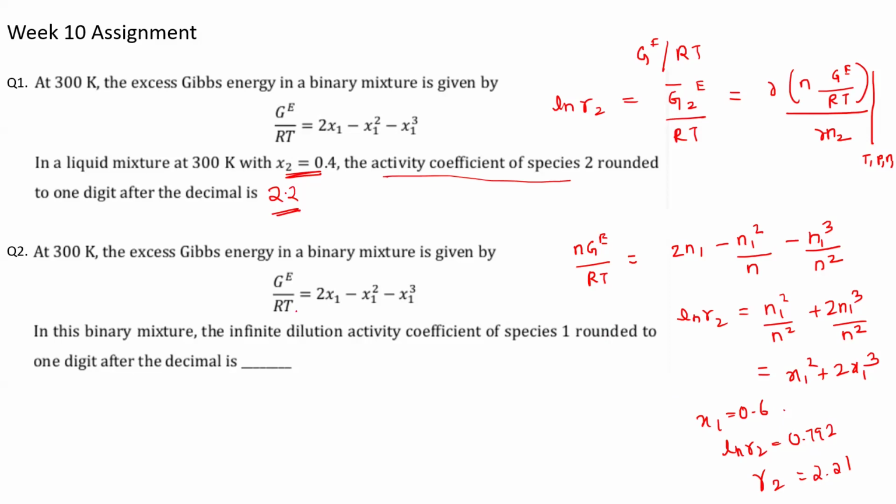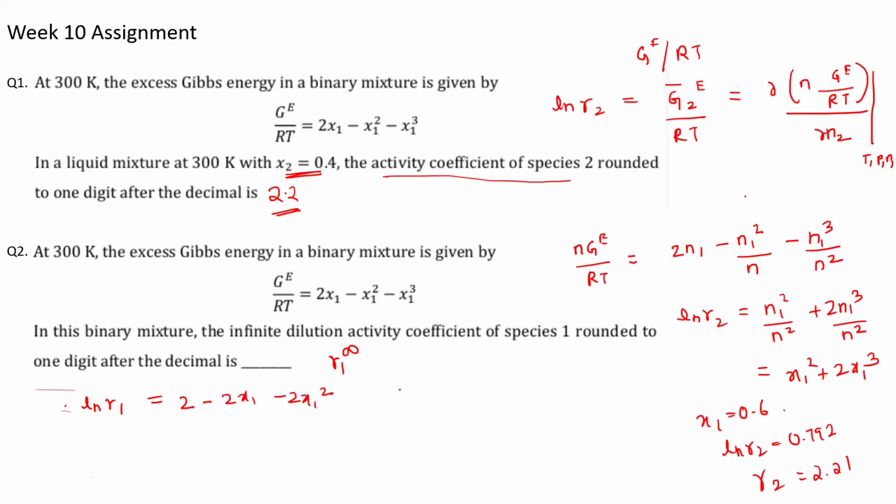But here what is asked is gamma 1 infinity. Then I'm just writing down the solution here because anyway you people have to solve these. So you will get ln gamma 1 equals 2 minus 2x1 minus 2x1 square plus 2x1 cubed.